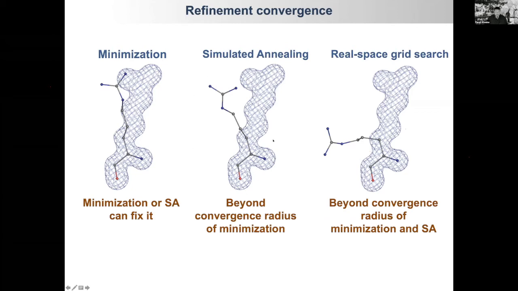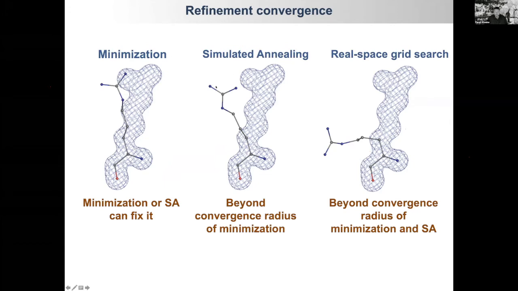Now, if you have something like this in the middle, then it's very unlikely that minimization is going to move the sidechain into the density because it's too far away.